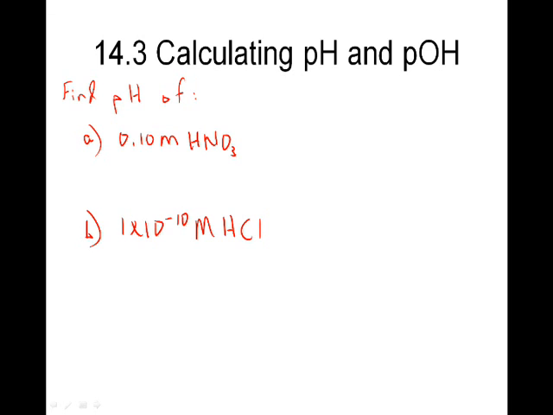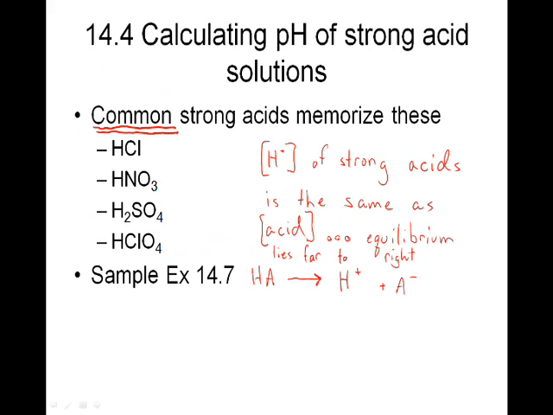So there are some further examples. I'm not going to take time to do them in this video. I'm going to ask that you go to that section of the textbook and study them a little more. And once again, you should know the common strong acids. Here are the 4 you're most likely to encounter.